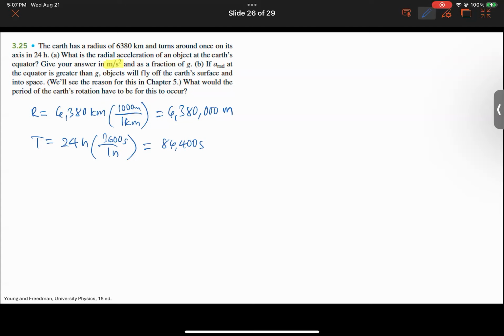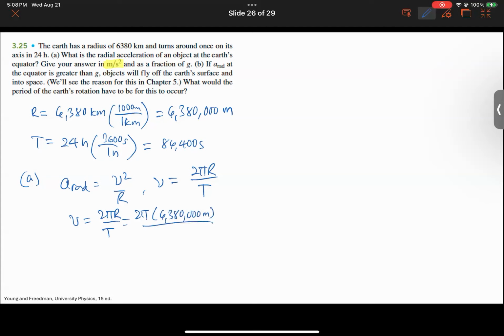So we can solve A first. What is the radial acceleration? The radial acceleration is given by v squared over r, but v is just the circumference divided by the period. So let's solve for the speed: 2 pi r over T is equal to 2 pi times 6,380,000 meters divided by 86,400 seconds, which is equal to 464 meters per second.